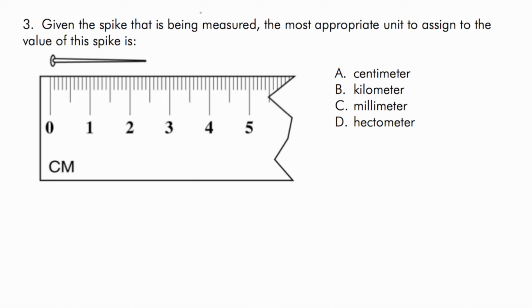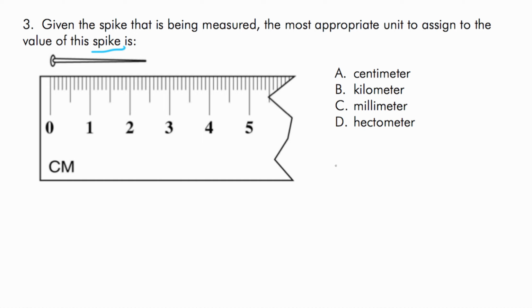The object is a spike, and it is measured by a centimeter ruler. I see it starts here, let's say that's at 0, that's 1 centimeter, 2 centimeters, and then it's a little under 2.5. So I'm talking about 2.5 centimeters.